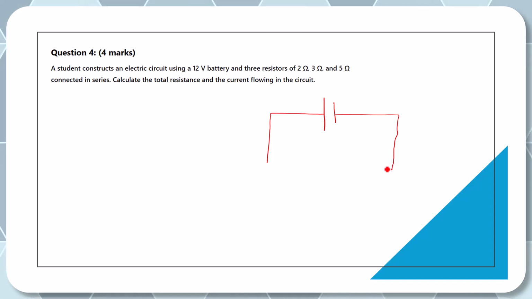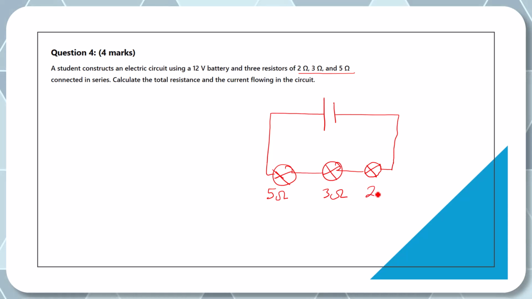Now, I'm going to use a lamp as a resistor here, and another one, and another one. I'm going to use these lamps to represent the resistances, because anything that uses energy is a resistor. It could be a fixed resistor, it could be a lamp, it could be anything. Now, they've got different resistances. One of them has 5 ohms resistance, and this one is 3 ohms, and this one is 2 ohms.